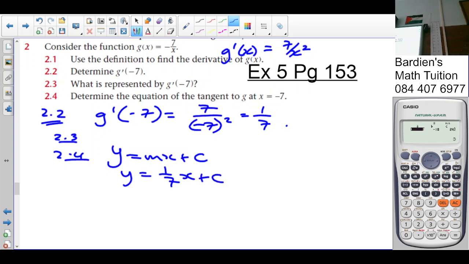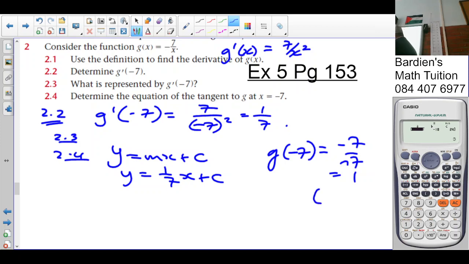How do you calculate c? You must substitute a point that this line is going through, which is g of negative 7, which gives us negative 7 over negative 7, which is 1. So the point of contact is negative 7 and 1. So you're going to substitute negative 7 and 1. That's an x and a y.